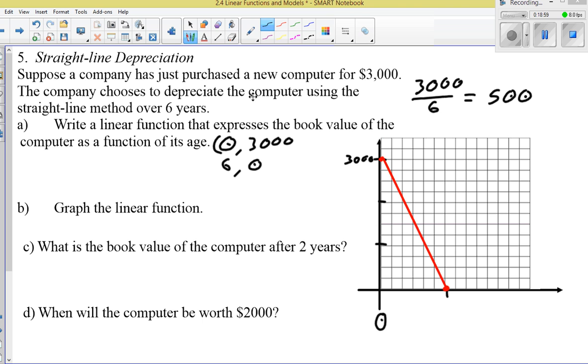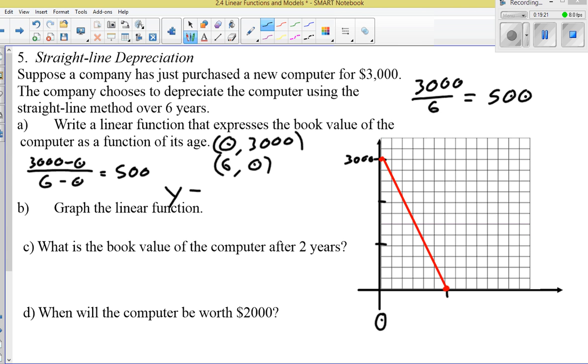So I have my intercepts. The easiest thing to do here is just find my slope. I'm going to have 3,000 minus 0 over 6 minus 0. Well, that's 500 there. And I know my y-intercept is 3,000.